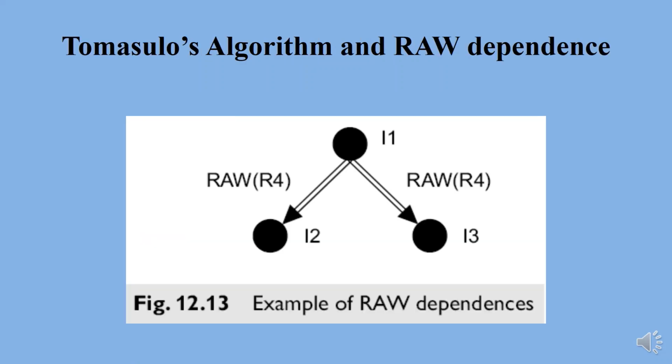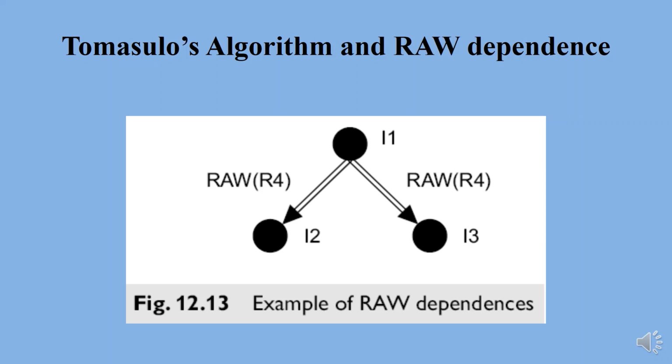Assume that instruction I1 is to write its result into R4 and that two subsequent instructions I2 and I3 are to read, that is, make use of that result value. Thus, instructions I2 and I3 are truly data dependent, RAW dependent, on instruction I1.